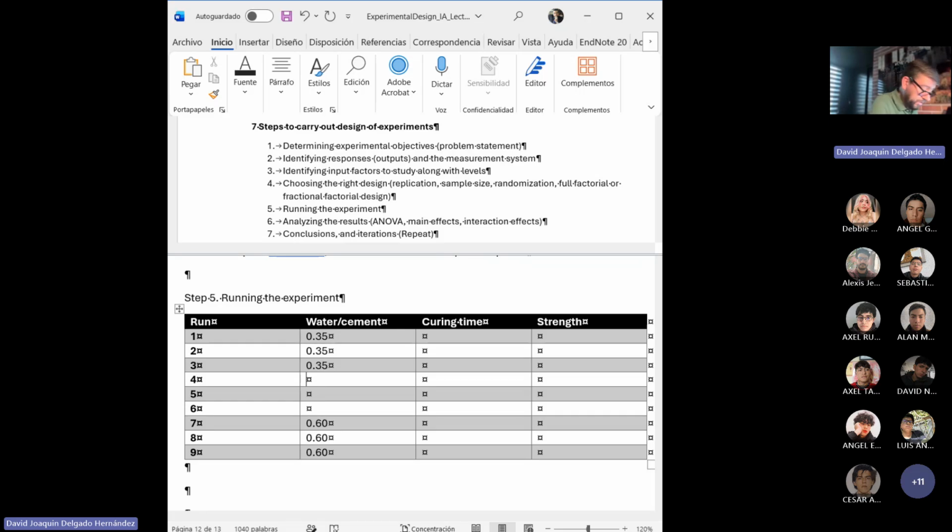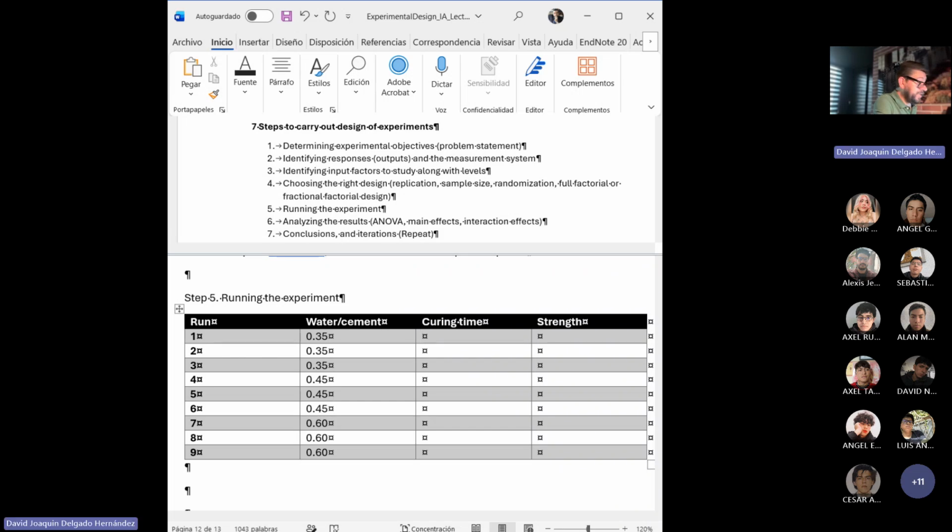Let us use 0.45. Perfect. I have my three different values, 35, 45, and 60 for the water cement ratio.